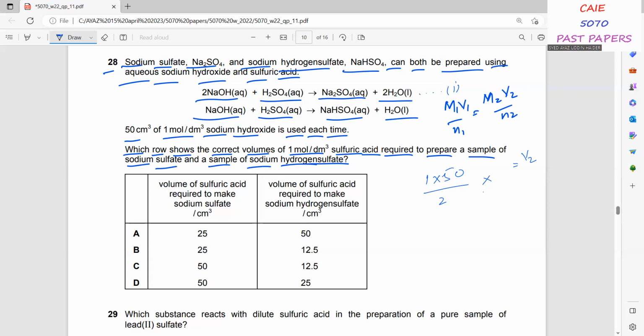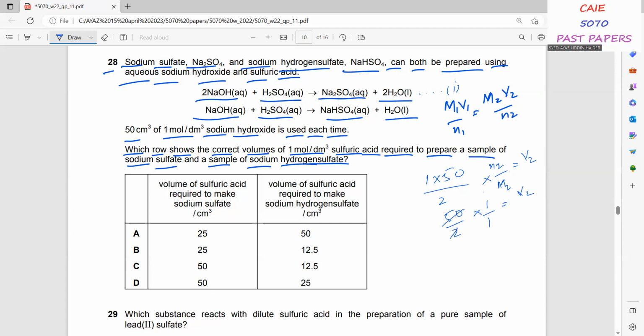You'll get N2 by M2. Now placing the number of moles of sulfuric acid, in both the cases you see the number of moles of sulfuric acid is 1, and M2, which is concentration, it is also 1 mole per dm3. So you have 50 divided by 2 into 1 by 1 is equal to V2.